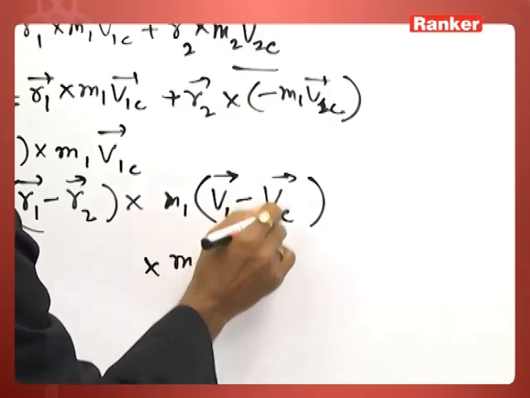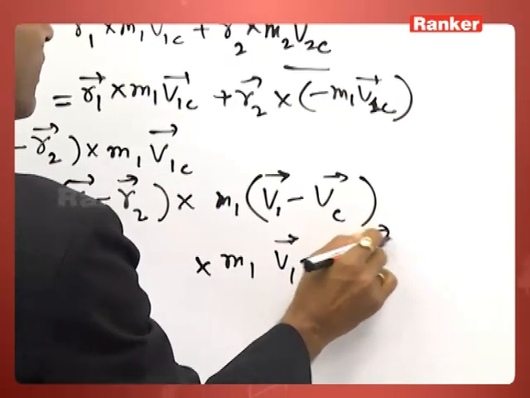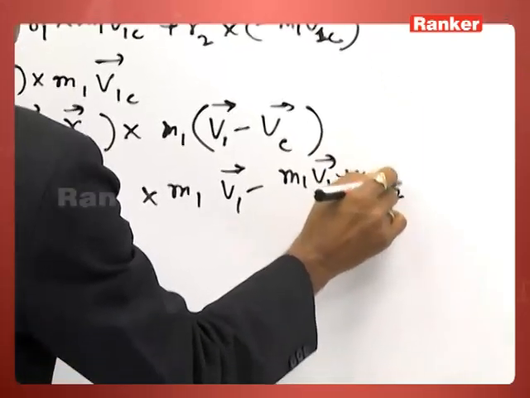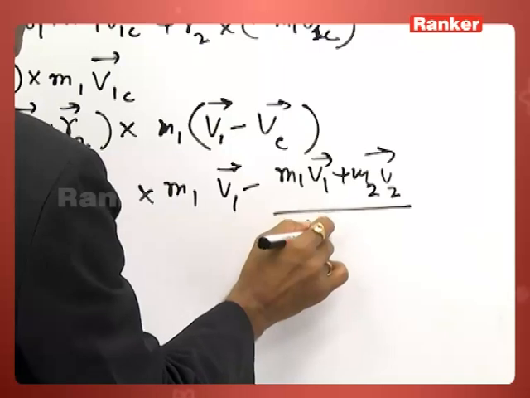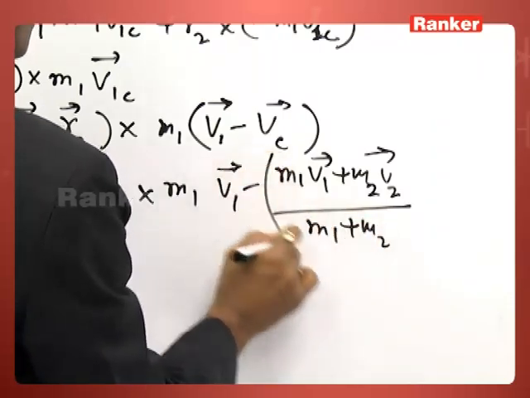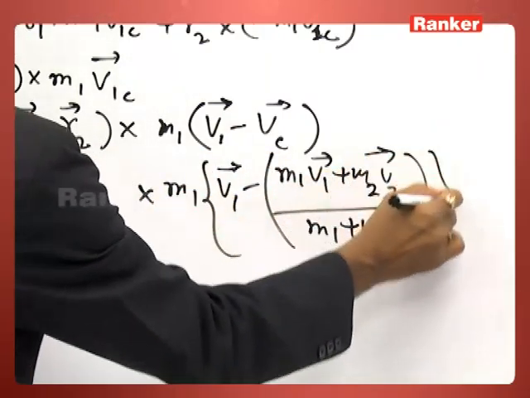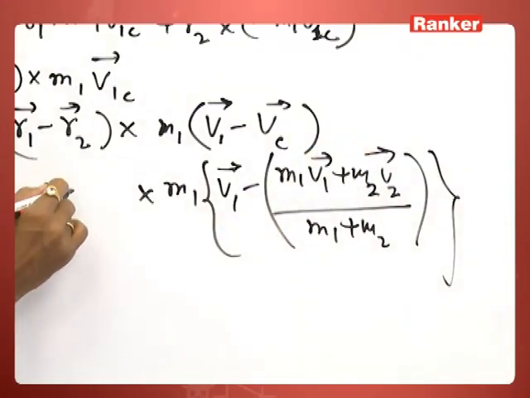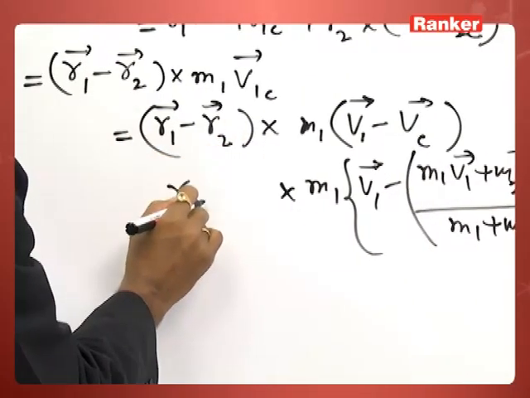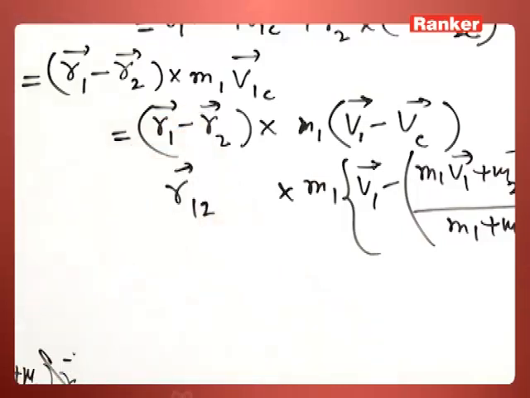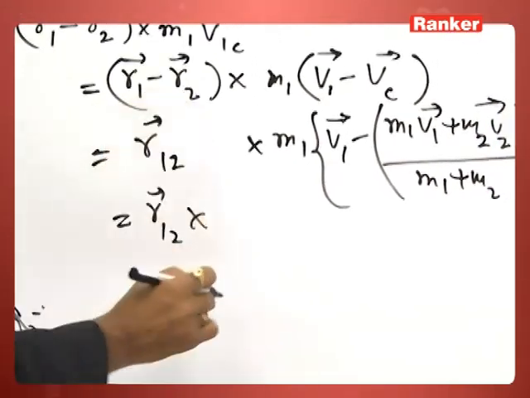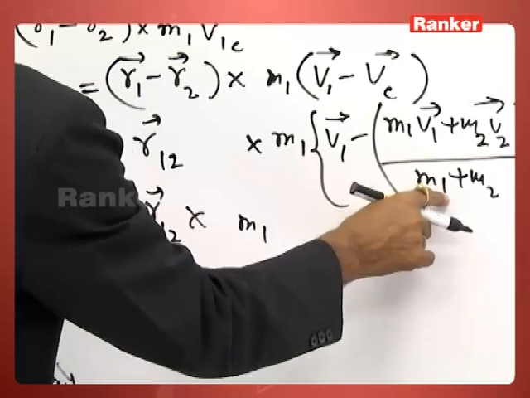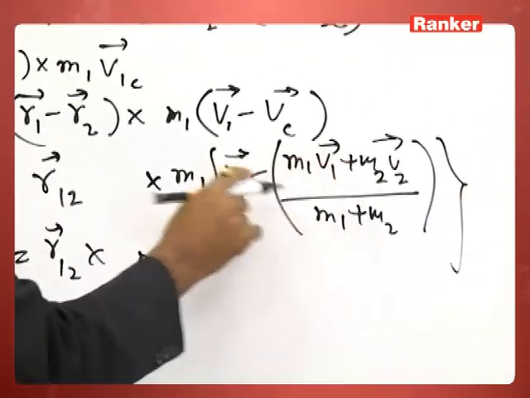v1c is equal to m1 v1 plus m2 v2 by m1 plus m2, velocity of center of mass. r1 minus r2 is equal to r12, the position vector of 1 with respect to 2. r12 cross m1 v1 into m1 minus m1 v1 will be getting cancelled.